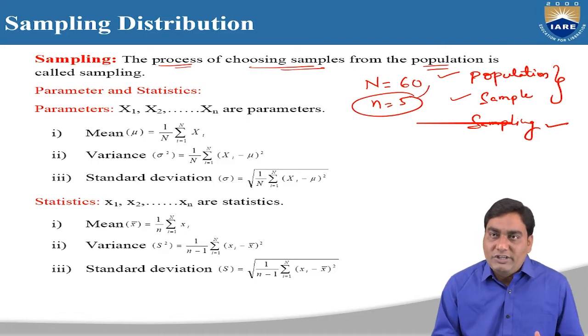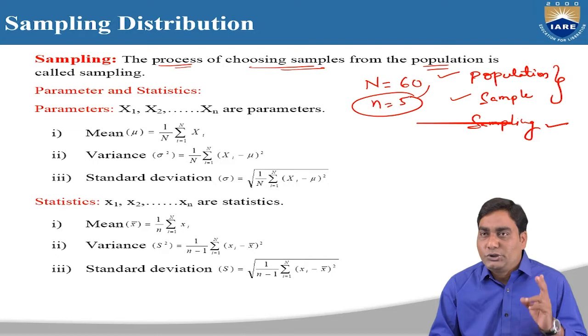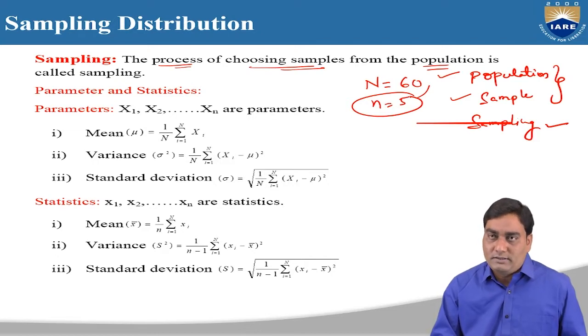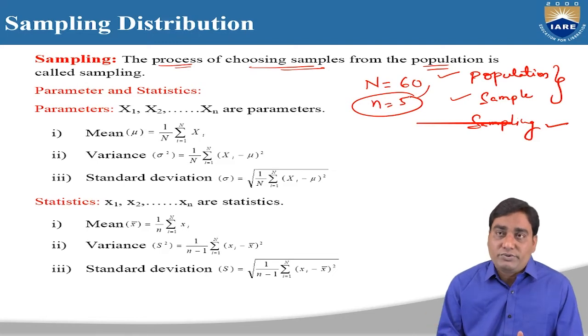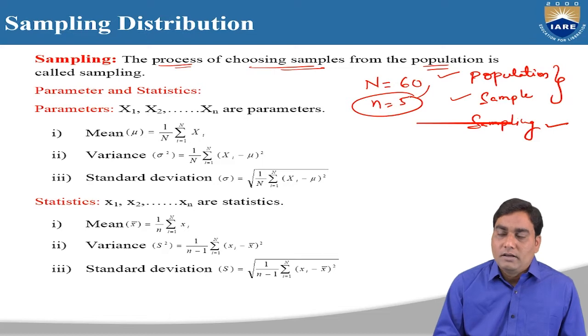I will give one condition: I need 2 girls and 3 boys. That is one condition, or one process, or one way. The way of choosing or the process of choosing samples from the population is called sampling.